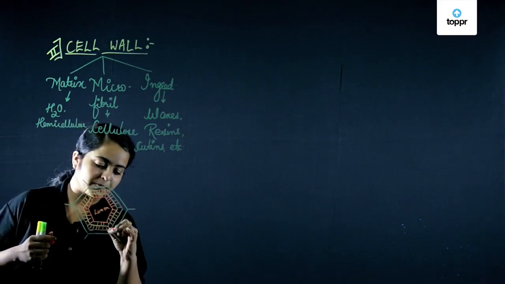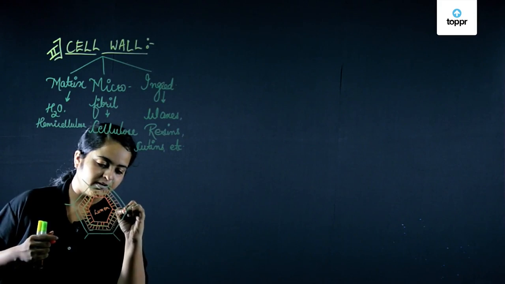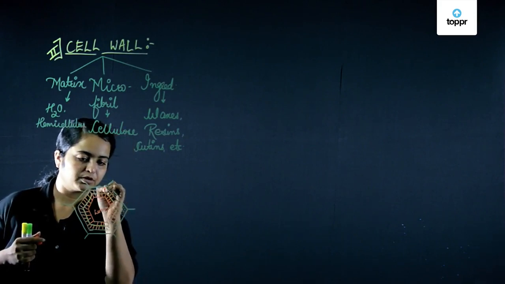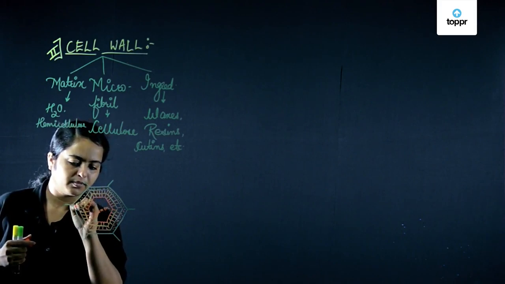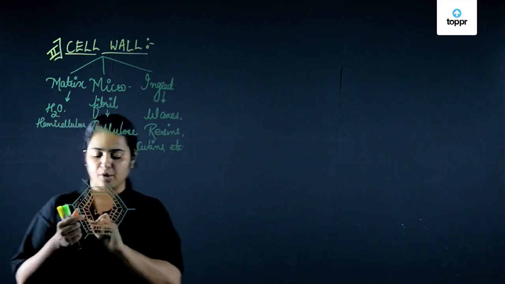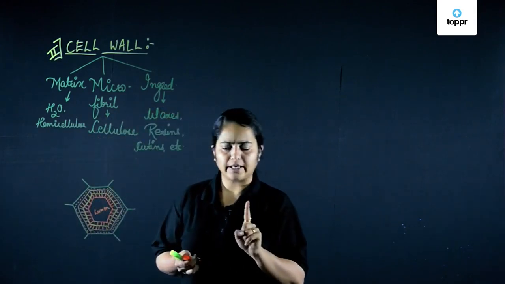Now the outermost part, let's say this region, is having a different composition. And then we have this green border.